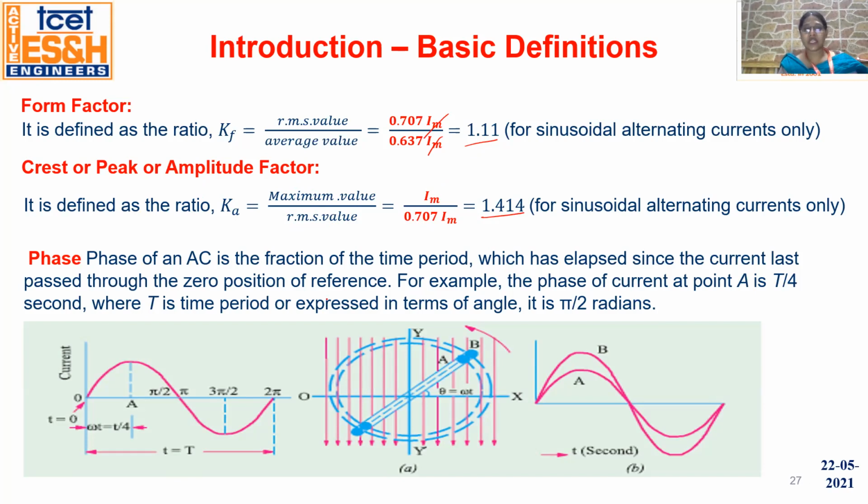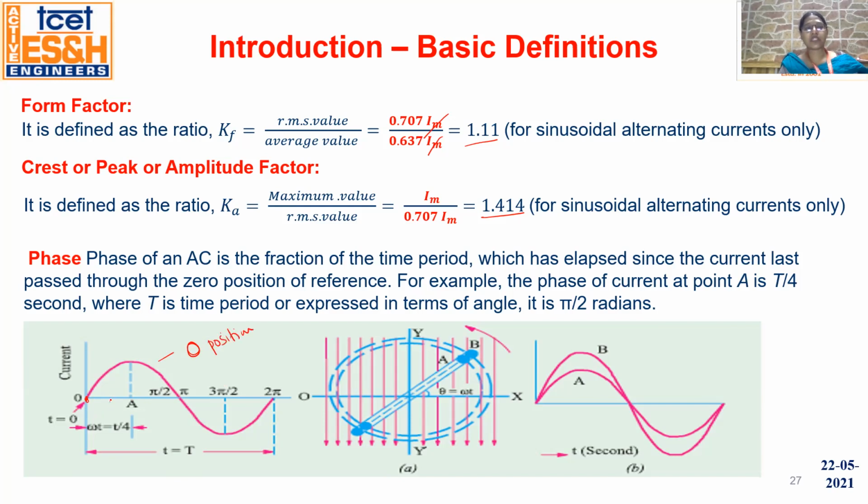Now the phase of the waveform. This is the shape of the waveform. Phase is the position from where your waveform starts. This type of waveform has zero position, so its phase is 0.